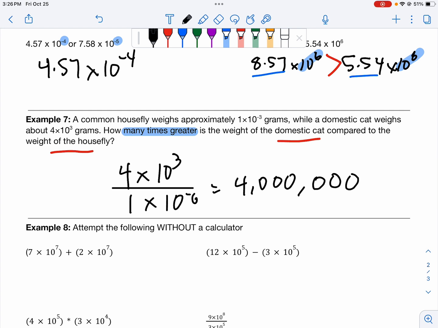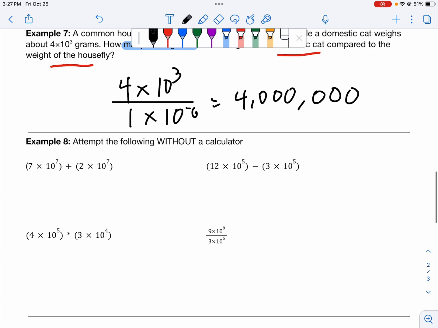All right, next problem coming at you. This is some simple thinking. We're going to do this without a calculator. We're going to talk about this in class a little bit. It's okay that it feels a little bit weird here. Do you notice how we have 7 times 10 to the 7th plus 2 times 10 to the 7th? Well, when we're adding things with the same exponent, 10 to the 7th in this case, we can just do the math that it tells us.